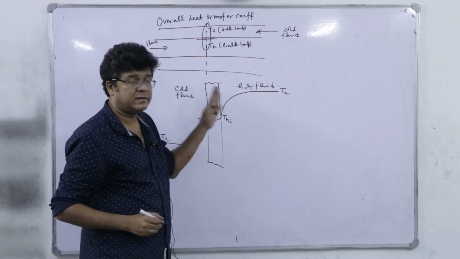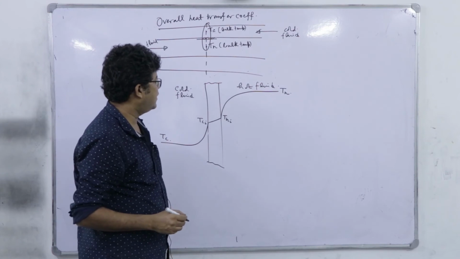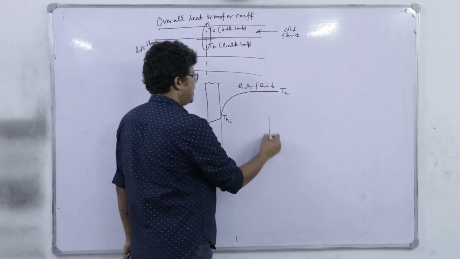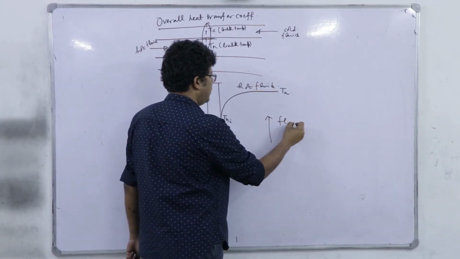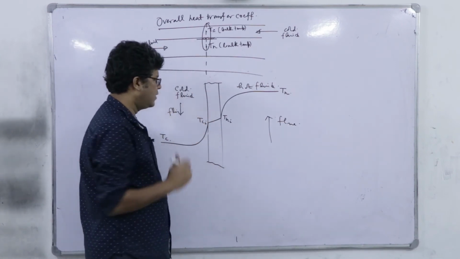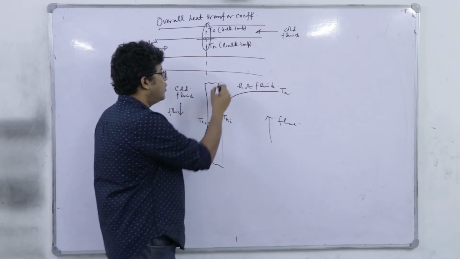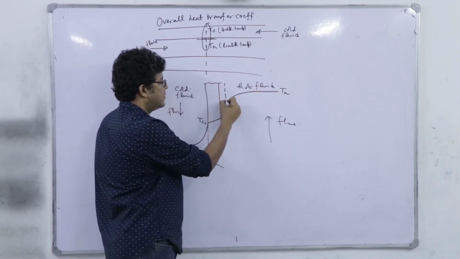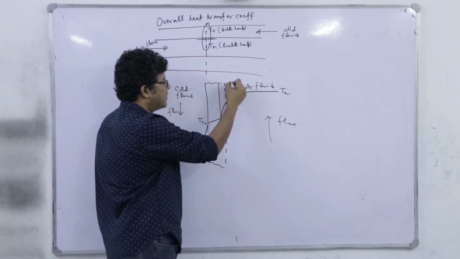Why is it just like this? See, here we have flow of hot fluid, here we have flow of cold fluid, and let us say it is turbulent flow. Now, very close to the wall, again the very similar structure.